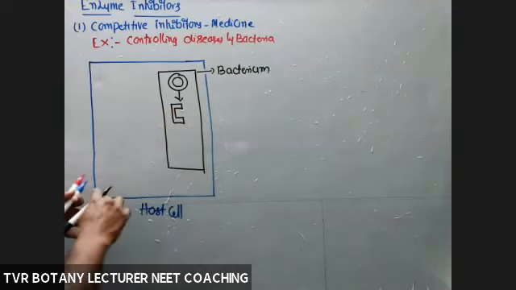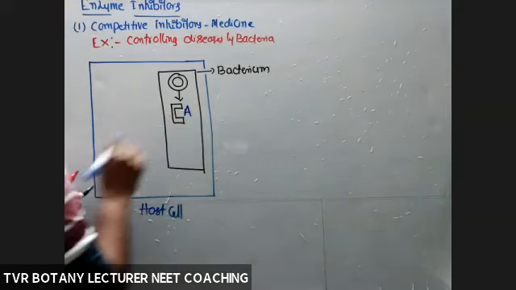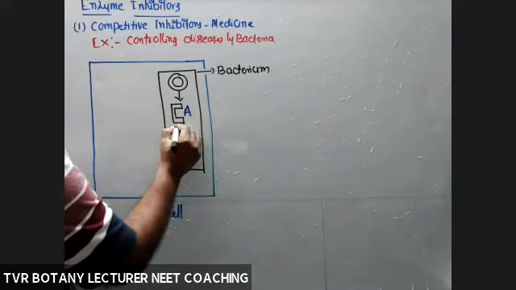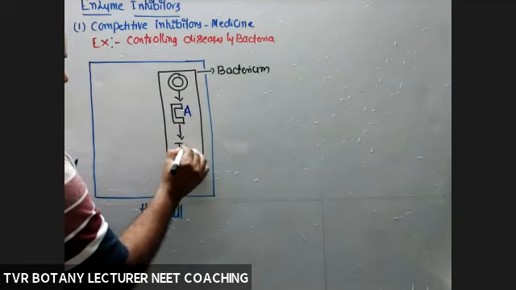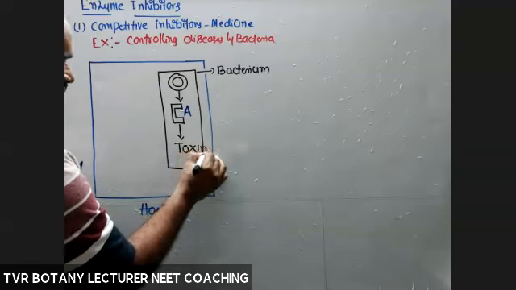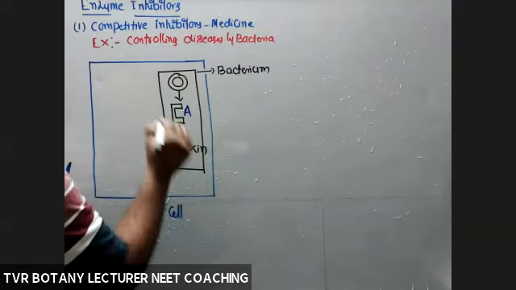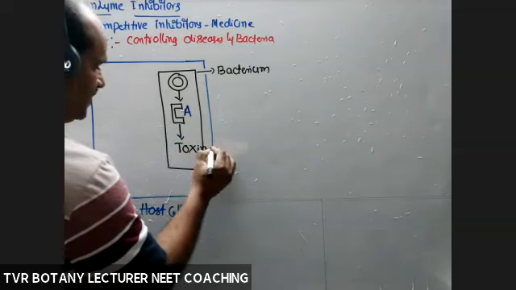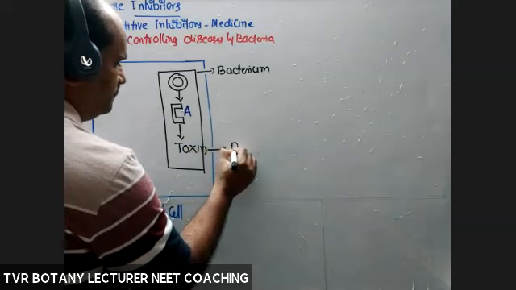This enzyme is able to convert a type of substrate into some product. That product is a toxin, and that toxin is able to cause a disease. So because of the toxin, the host is suffering from some disease.